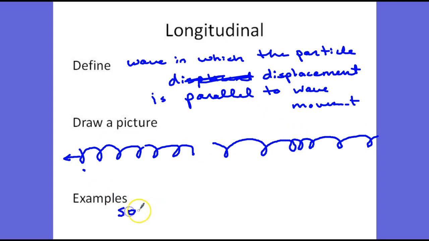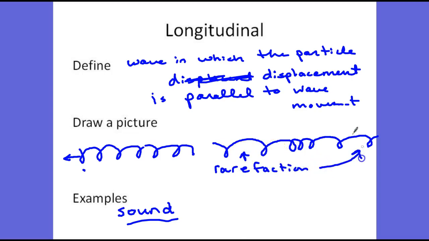Sound is a longitudinal wave, and I'll show you a picture of a sound wave in a few minutes. These areas where the slinky is spread out are called rarefactions, R-A-R-E-F-A-C-T-I-O-N, here and here. And where it's smushed up, it's called a compression. So the stretched out parts are rarefactions, and the mushed together parts are compressions.